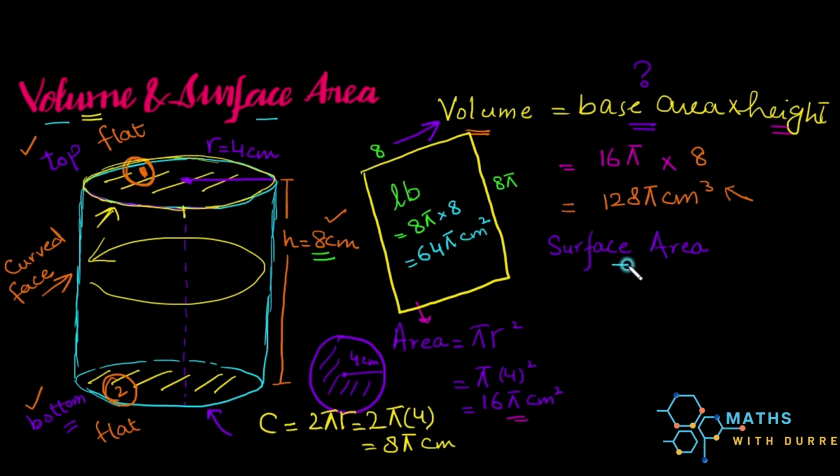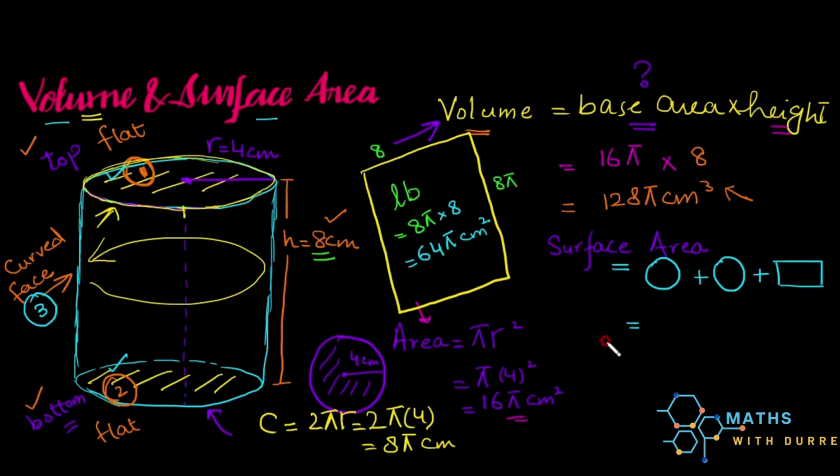So let's come back to the topic, surface area. How can we calculate? We can calculate the surface area by adding the area of all faces. As you know, there are 3 faces. There are 2 flat faces and 1 curved face. So you have to find the circle at the top of this shape, the bottom circle, and then the curved face.